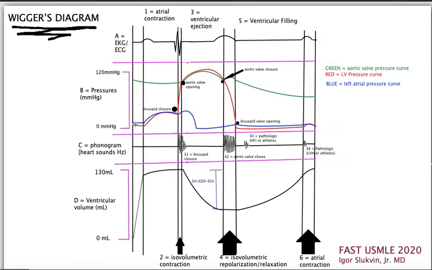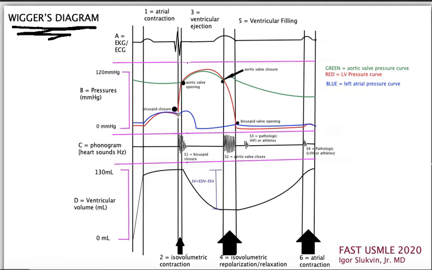So we have the left atrial pressure curve rising, and right here, after the atria has contracted, the atrial pressure is now less than the left ventricular pressure because isovolumetric contraction has started.